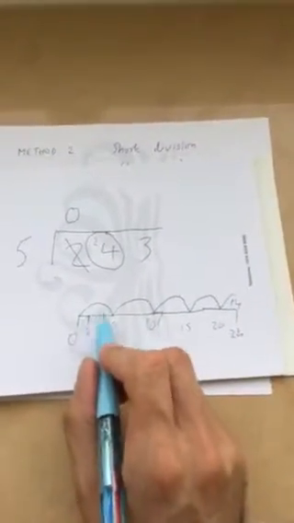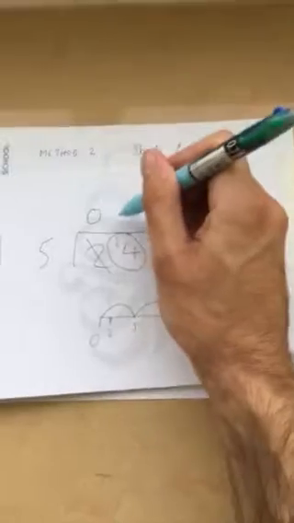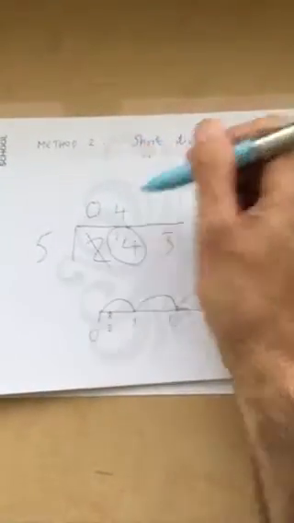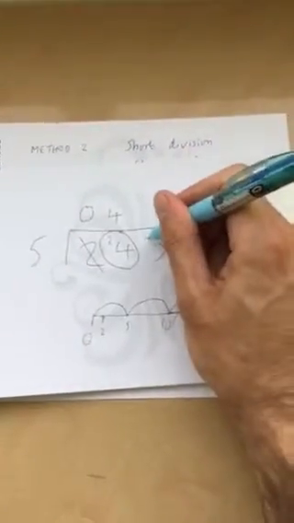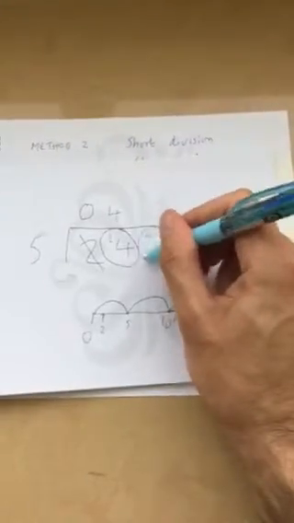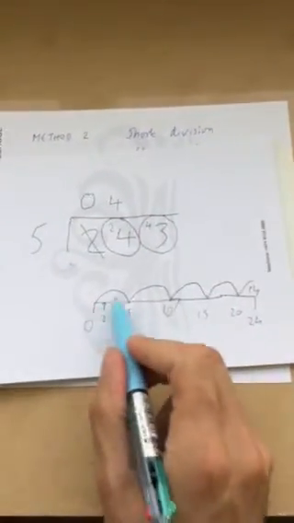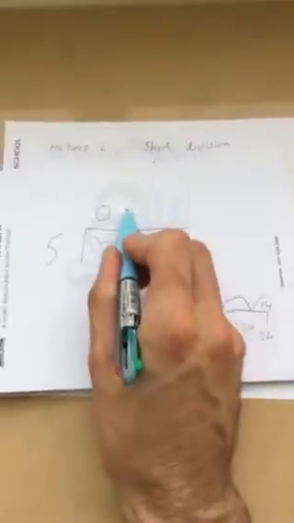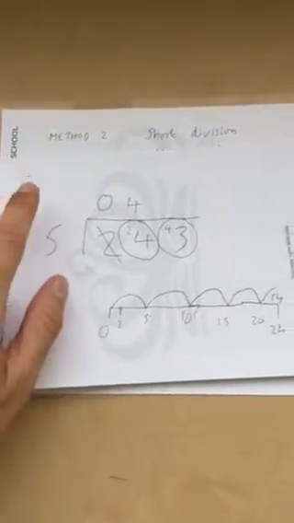So it went in 1, 2, 3, 4 times with a remainder of 4. We now ask the question, does 5 go into 43?